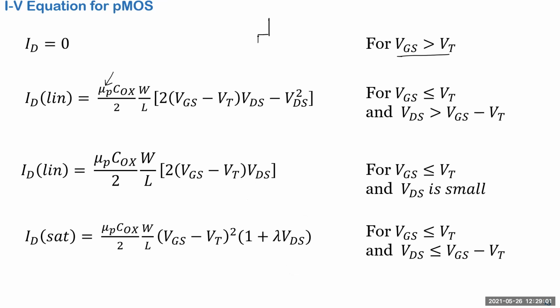So if you have a PMOS and this is your source node, this is your drain node, and you apply a gate to source voltage, you can see the gate to source voltage is a negative voltage now.